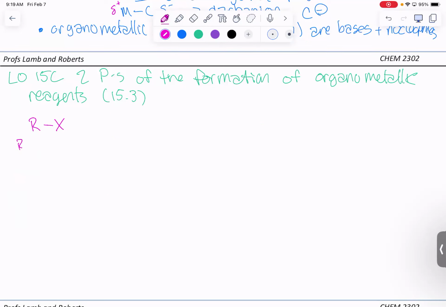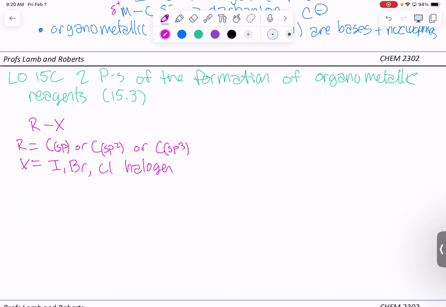Okay, so R in this case is going to be a carbon that's sp hybridized or sp2 hybridized or sp3 hybridized, right? So we're really broadly reaching here. And our X is going to equal a halogen that's iodine, bromine, or chlorine.